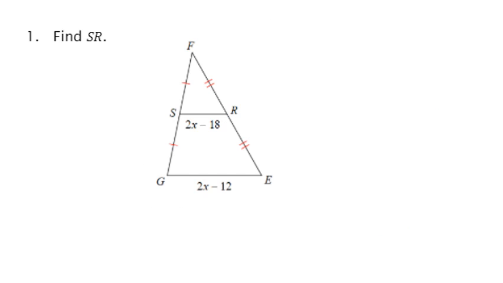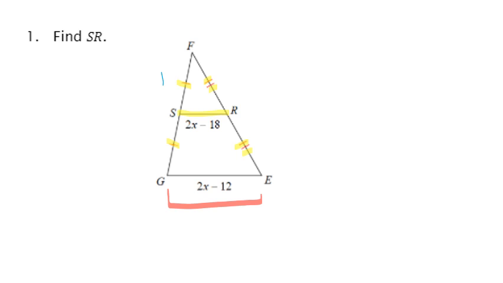The first example we're looking at here is talking about a midsegment, and even if it doesn't tell us midsegment, we can see that SR is formed by S and R, which are two midpoints, because of those tick marks. So whatever SR is, it's going to be half of GE. It's a 1 to 2 relationship.